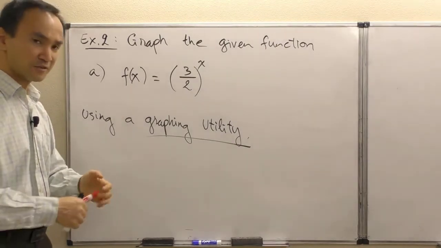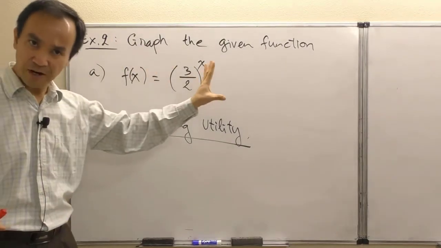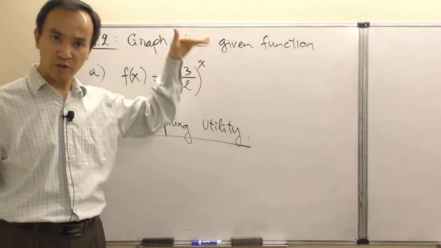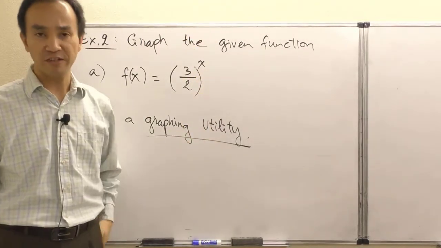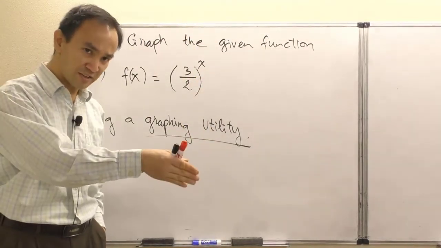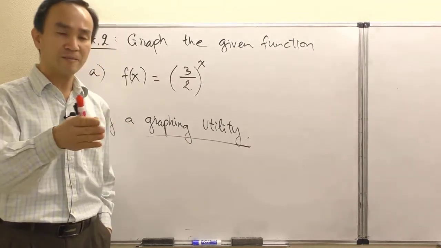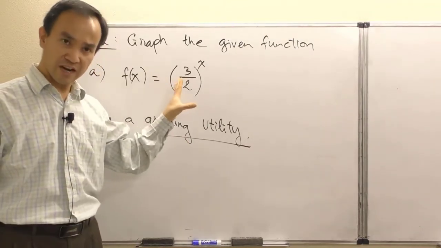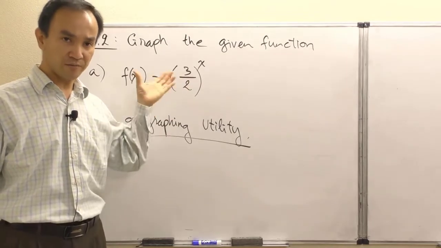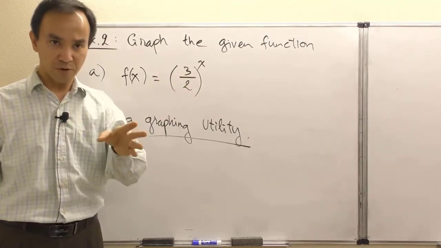If I have another part B for this problem, it means the exact same thing: we graph the given function using a graphing utility. My plan in this same example is to show you how to get the graph of any of the given functions using graphing utilities.